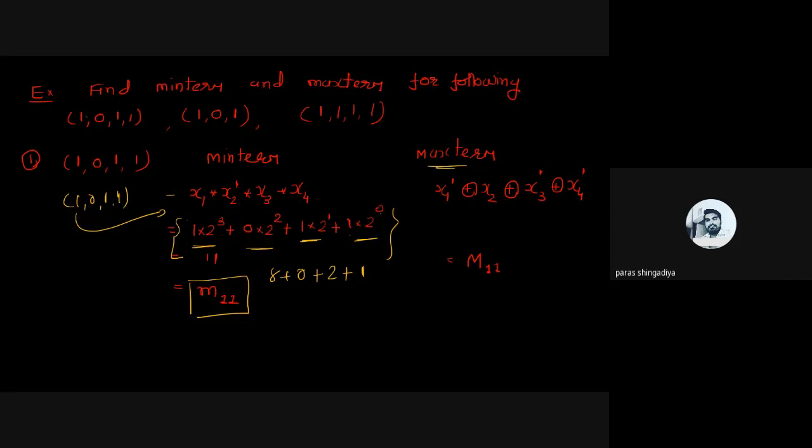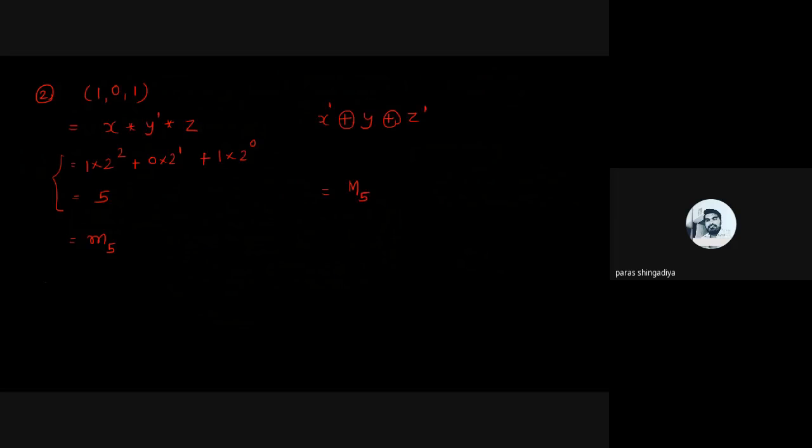Let us consider the second one, that is 1 0 1. So the expressions for 1 0 1, the part of min term and the part of max term. So the expression will become, normal value is considered as 1 and 0 for complement. So x star y dash star z.